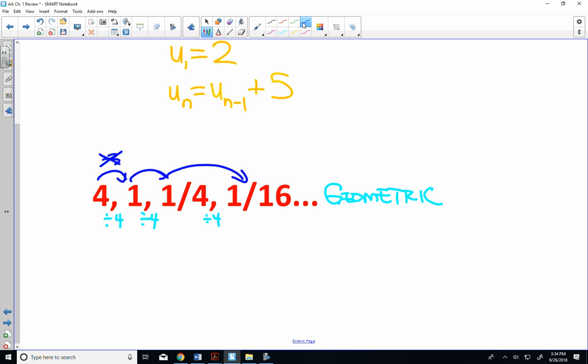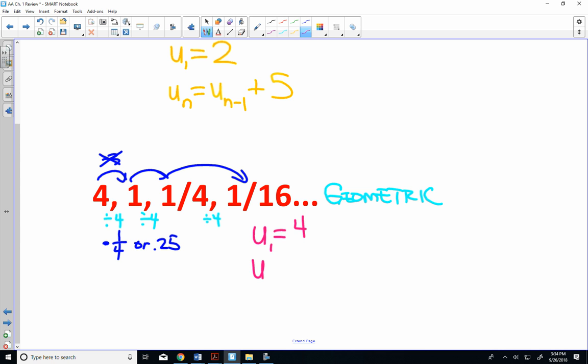And the other way to look at this is dividing by 4 is the same as multiplying by 1/4 or 0.25. Either way, it's the same thing. So therefore, when you write your recursive rule for this particular sequence, you would say u sub 1 is equal to 4.